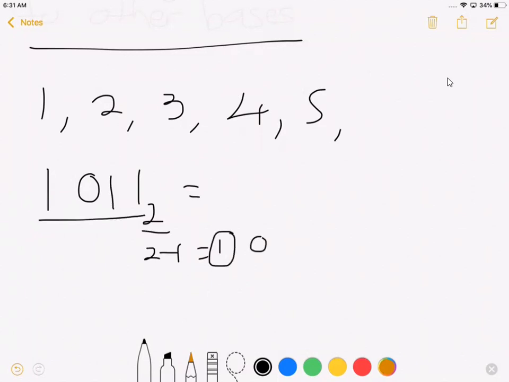And a number that is in base 5, for example, this number is in base 5. Again, the digits that you see in base 5 are 4 and below. You will never see a 5, because 5 minus 1 is equal to 4, so you will see digits from 4 down to 0.